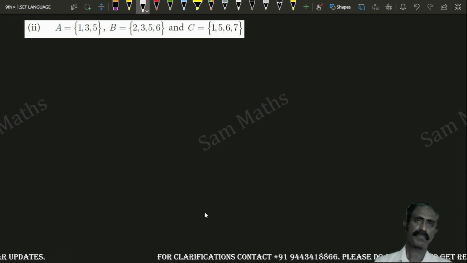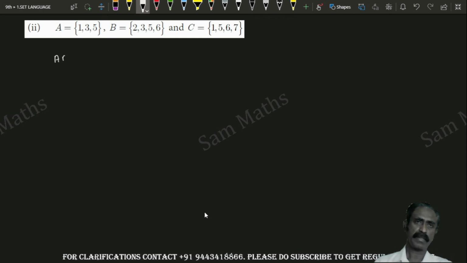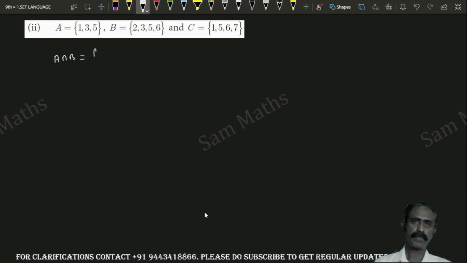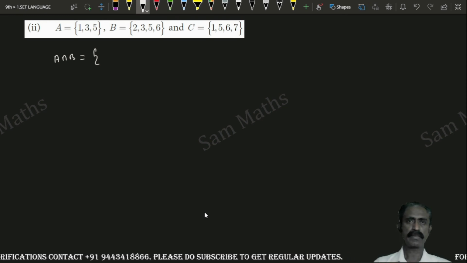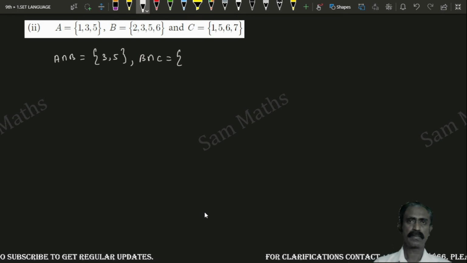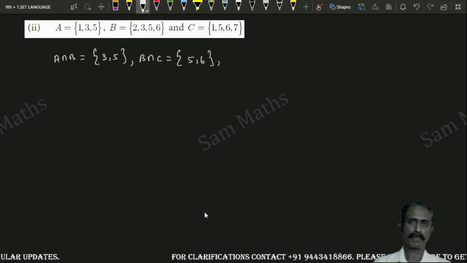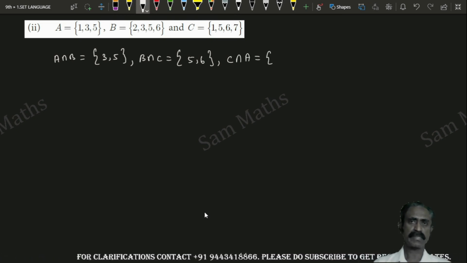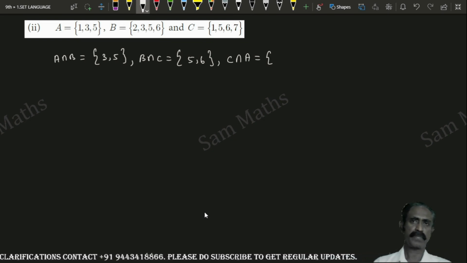Second subdivision, A, B, C are given. Now we can find A intersection B, common for A and B, that is 3, 5. Next is B intersection C, common for B and C, that is 5, 6. Next is C intersection A, common for C and A, 1, 5.